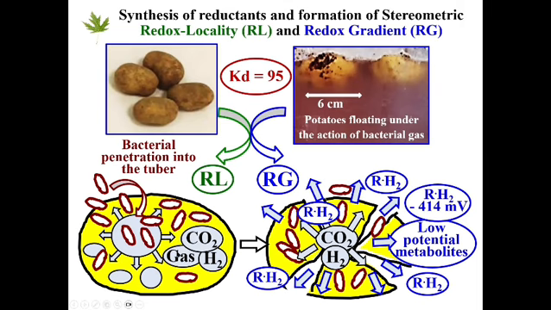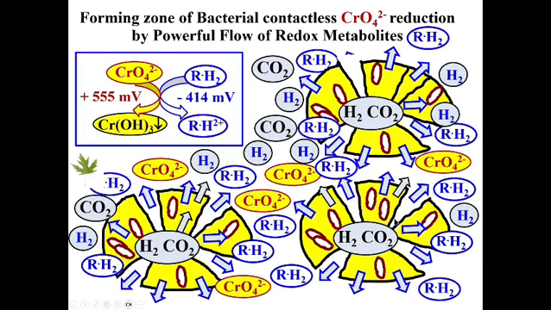The anaerobic bacteria penetrate inside the whole potato, reduce the redox potential, and synthesize low potential reductive metabolites. And due to the explosive synthesis of gases, a mixture of carbon dioxide and hydrogen, we obtain the so-called redox gradient of low potential reductant metabolites.